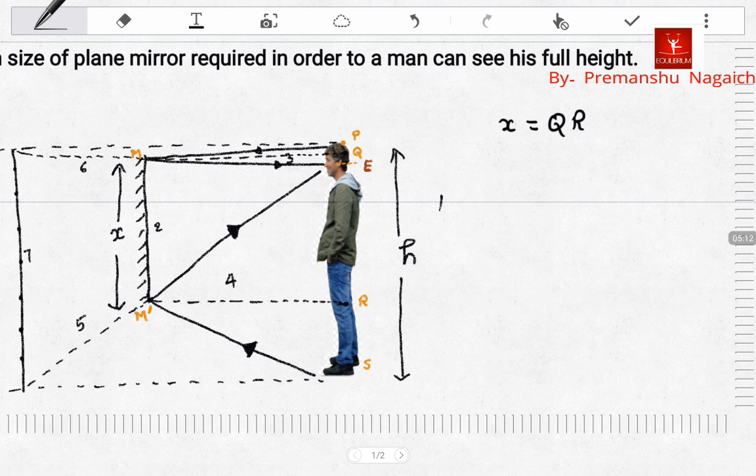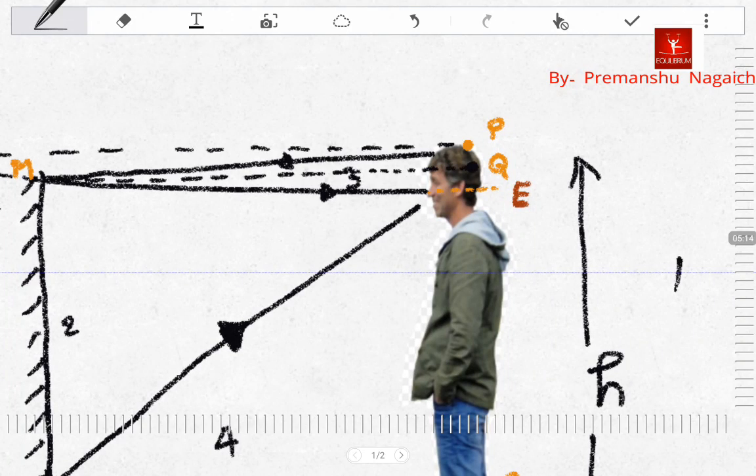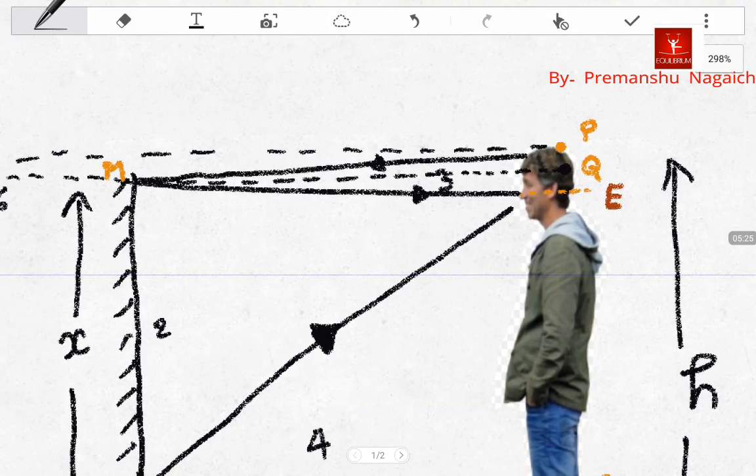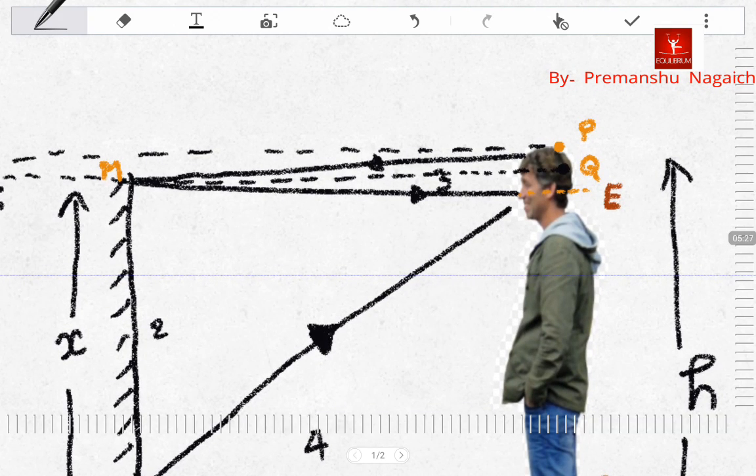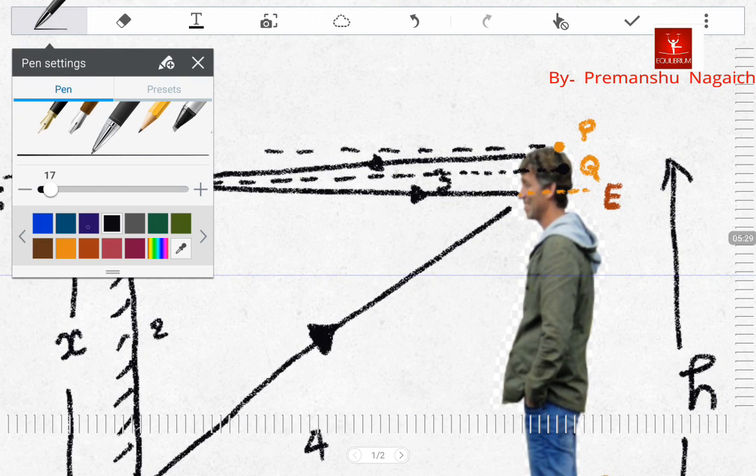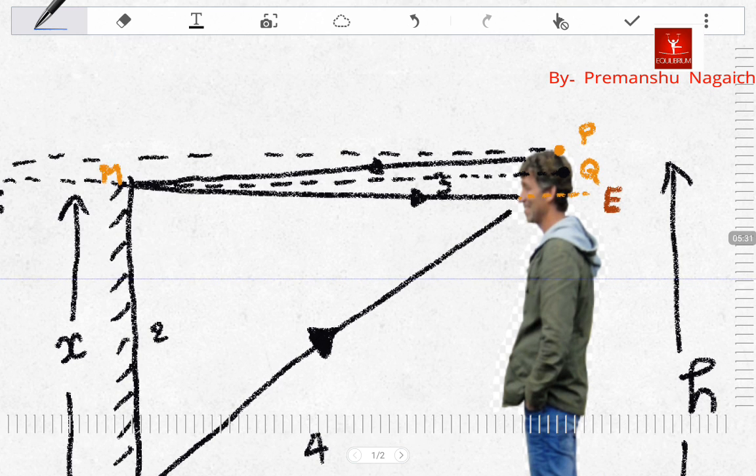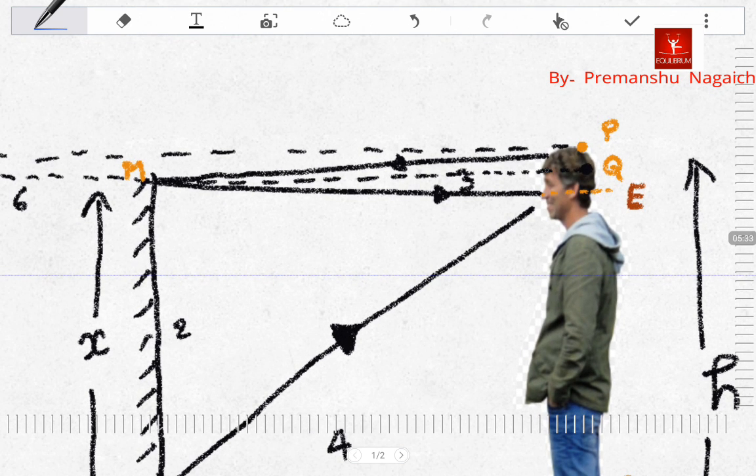So start from here. We see two triangles here. One is PMQ and the second is EMQ. They both are similar triangles. And why are they similar triangles? First of all, they have equal angles.